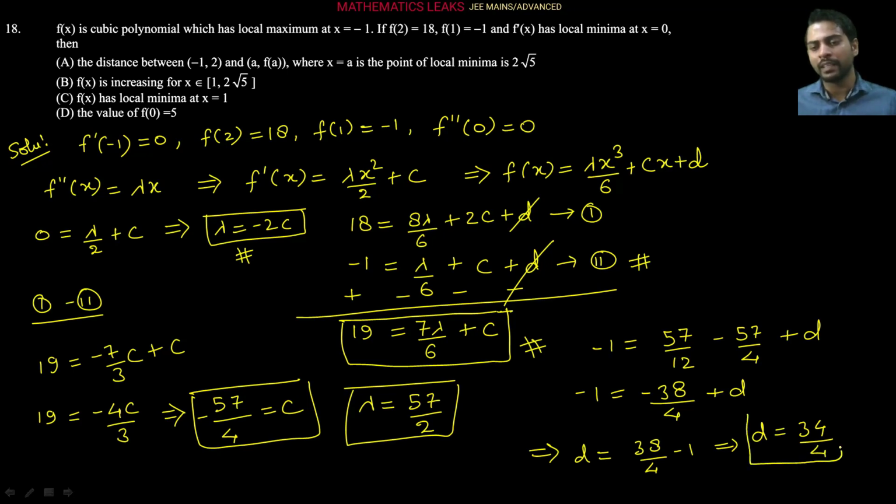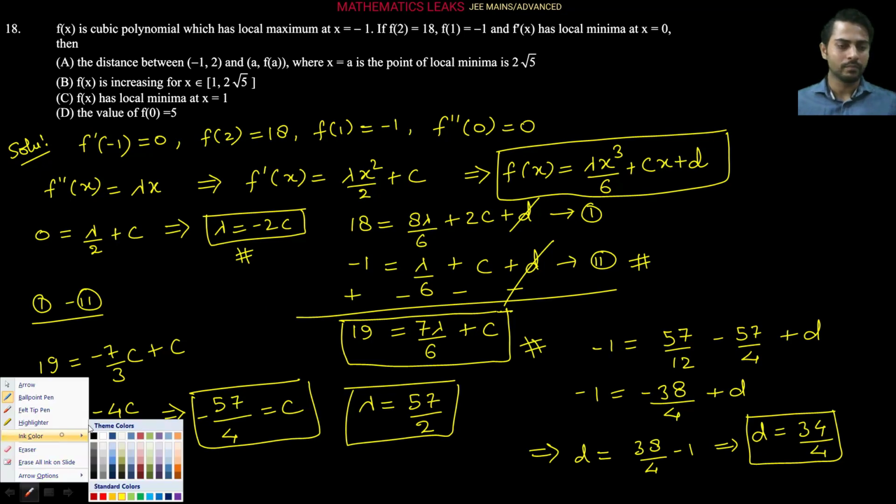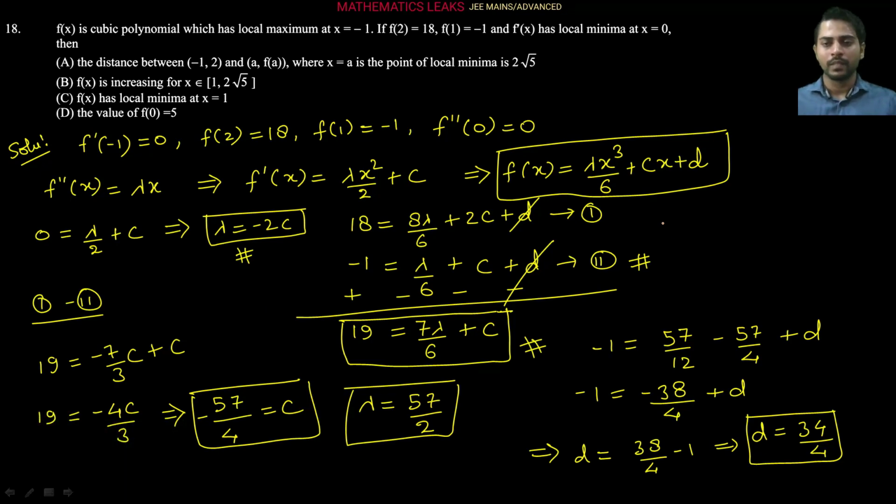So we now have d, lambda and c, all the values. By putting these d, lambda, c values in this equation, we can get what the actual f of x was in this given situation, right? So in f of x, we are getting lambda.